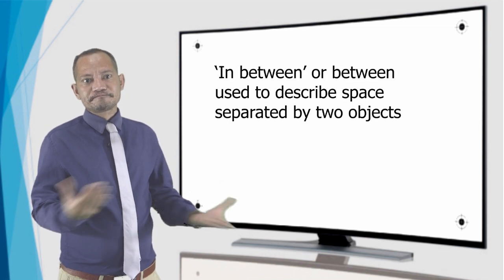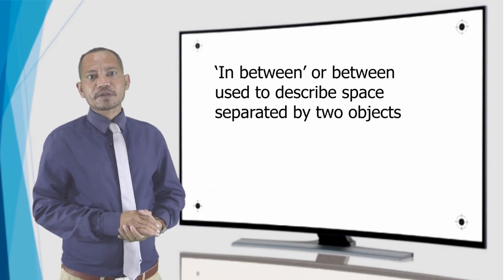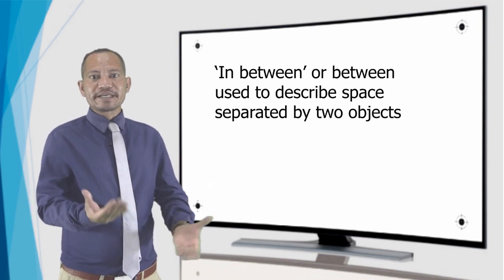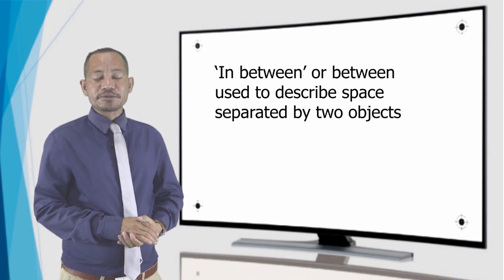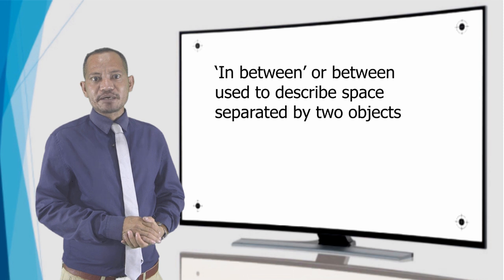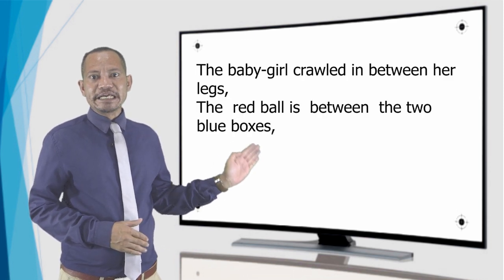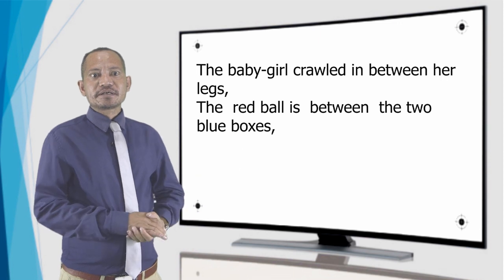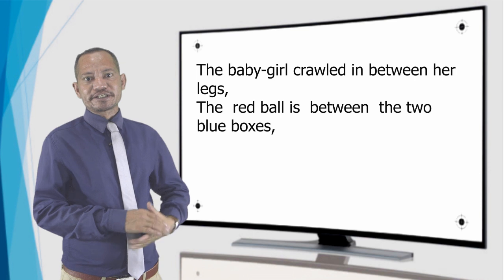Now, in between or between. A preposition of place and location used to describe space separated by two objects. For example, the baby girl crawled in between her legs. The red ball is between the two blue boxes, etc.